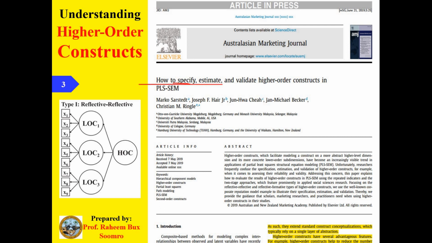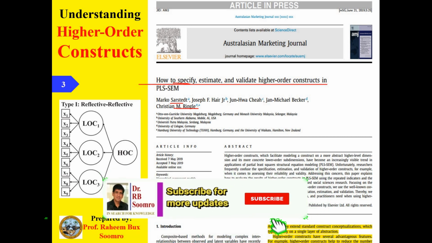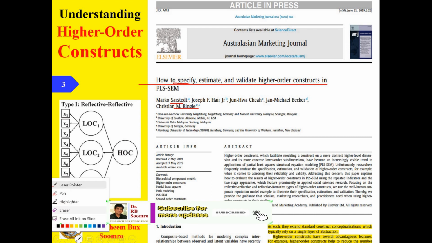Its name is How to Specify, Estimate, and Validate Higher-Order Constructs, written by Marko Sarstedt, Joseph Hair, Jun-Hwa Cheah, Jan-Michael Becker and Christian Ringle. These are very famous professors of SmartPLS, so I strongly recommend this paper. I have left its link below this video, and if you are interested, you can download the paper from the given link.